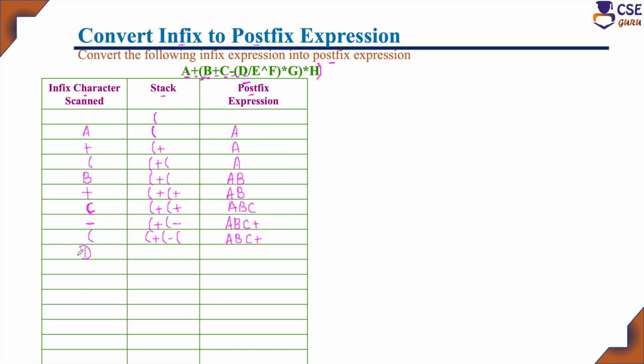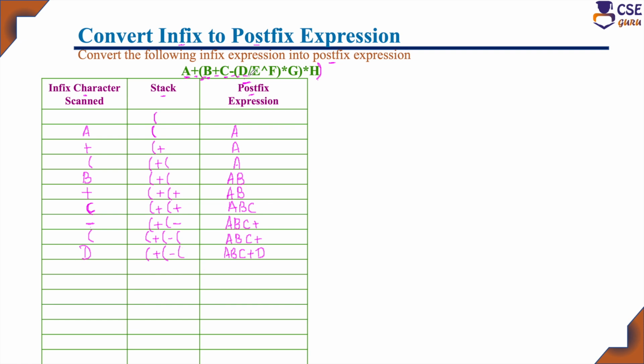If it is a character or a digit, it comes under the category of operand. Place it in the postfix expression. So the postfix expression is A, B, C plus D, and the stack content is open parenthesis plus open parenthesis minus open parenthesis.